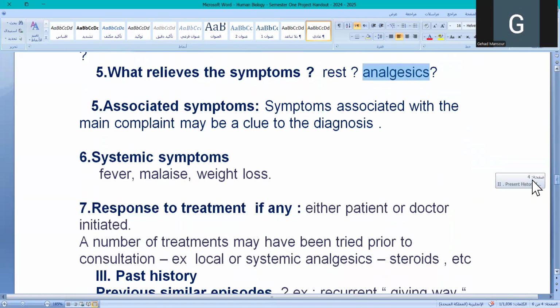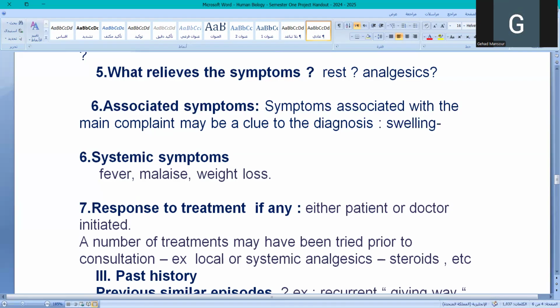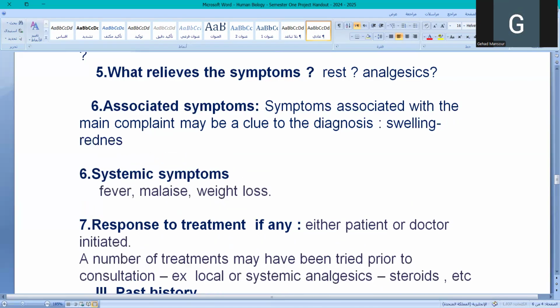And then we have the associated symptoms. The associated symptoms are sometimes very important or might be a clue to the diagnosis, and the associated symptoms might be, for example, swelling, they might be redness over the area of pain, they might be a red rash, they might be atrophy.